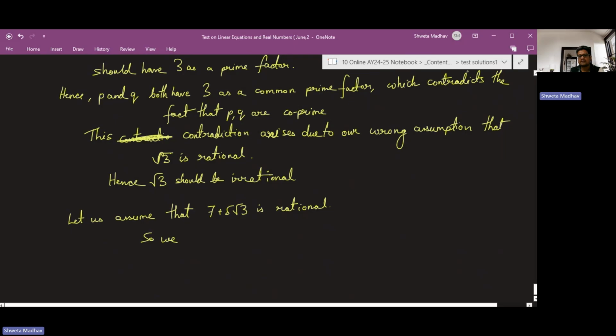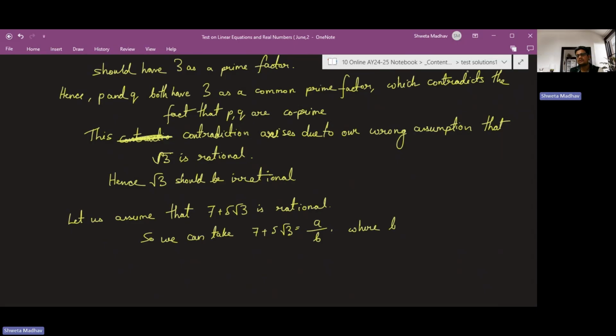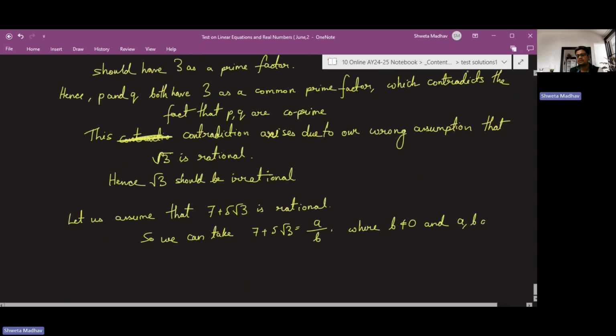So we can take 7 plus 5 root 3 as a by b, where b is not equal to 0 and a and b are some co-prime integers, which means their highest common factor is 1. They have no common factor other than 1.